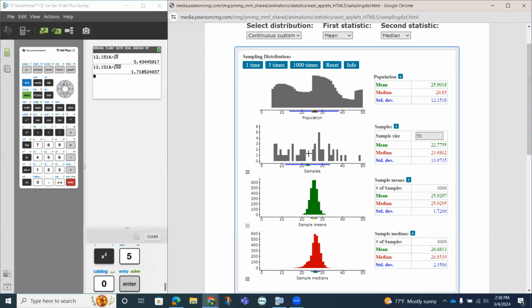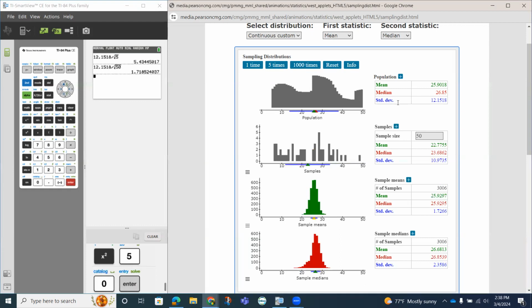Again, we have a sample size of 50, and we calculated 3,006 sample means. When we did that, notice how our means are getting really, really close together. By definition, they're actually equal. So the population mean and the mean of the samples will be the same value.